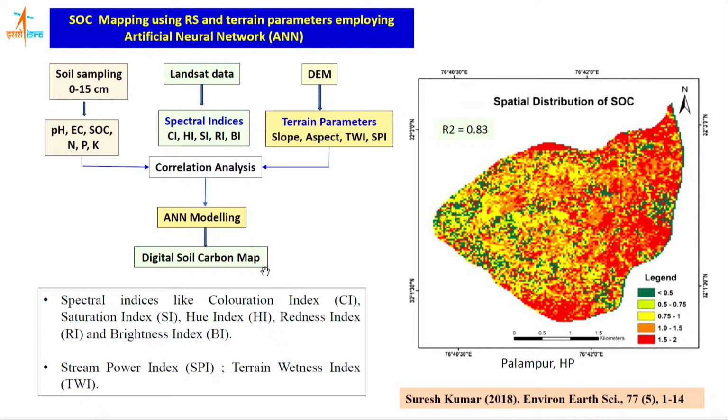And once it establishes the relationship, then that relationship you can use for generating the soil organic carbon map, and you are getting this soil carbon. Here red color shows the carbon is highest, and here the carbon is low. So very easily I can make the soil carbon map. Details are written here from this journal, this research paper. You can read in detail, the methodology is shown there.